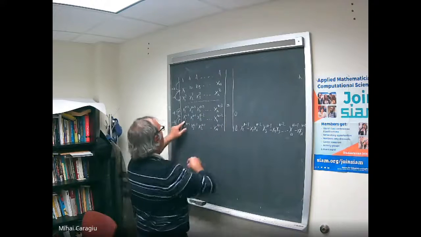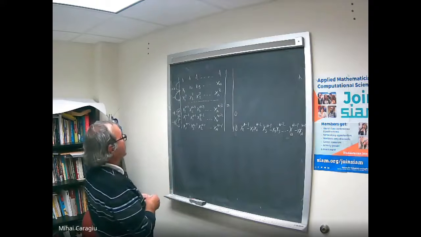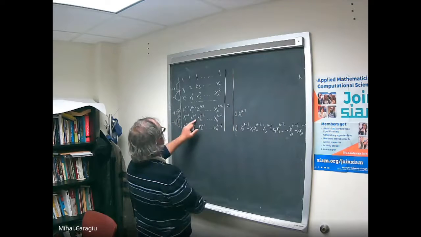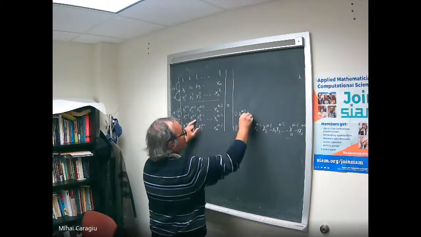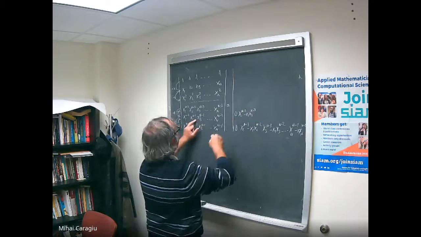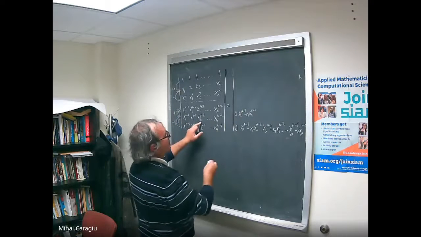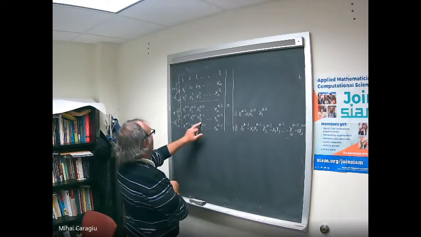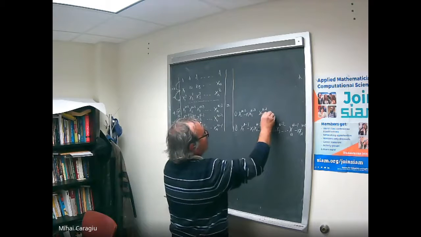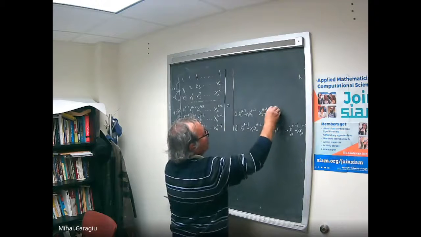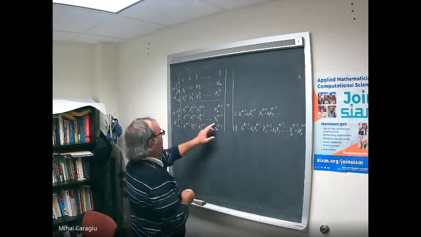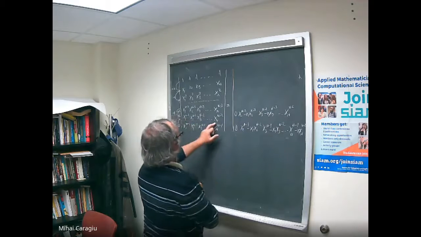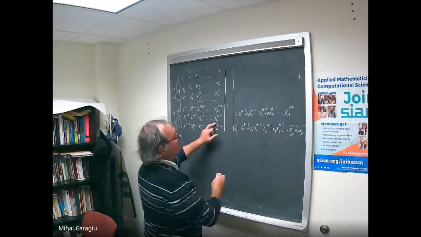Next row: zero, x2 to the power n minus 2 minus x1 x2 to the power n minus 3, then x3 to the power n minus 2 minus x1 x3 to the power n minus 3. And so on. The last one, xn to the power n minus 2 minus x1 xn to the power n minus 3.